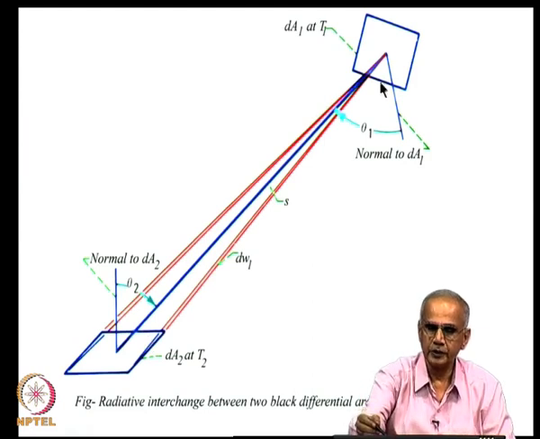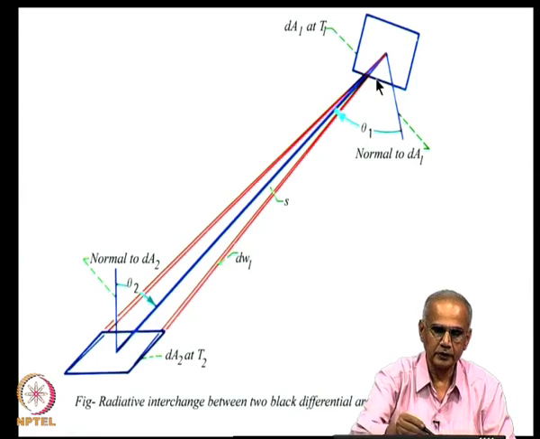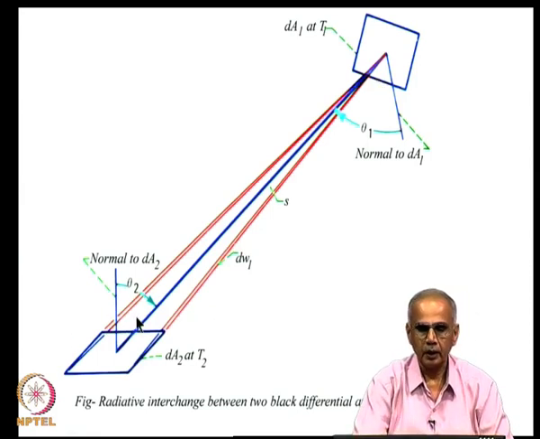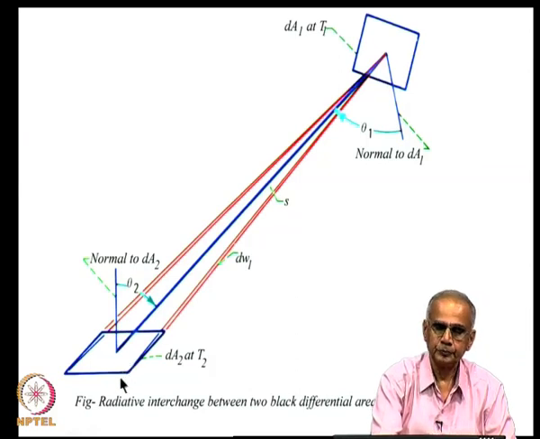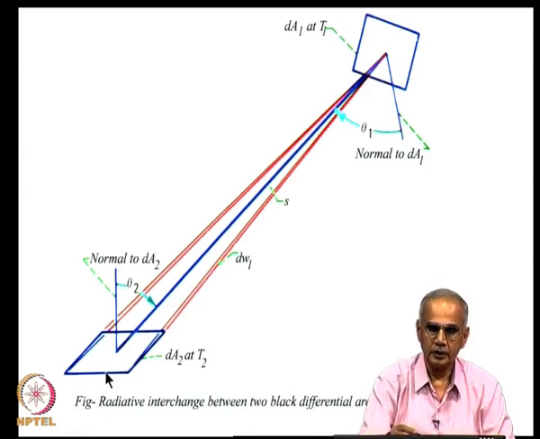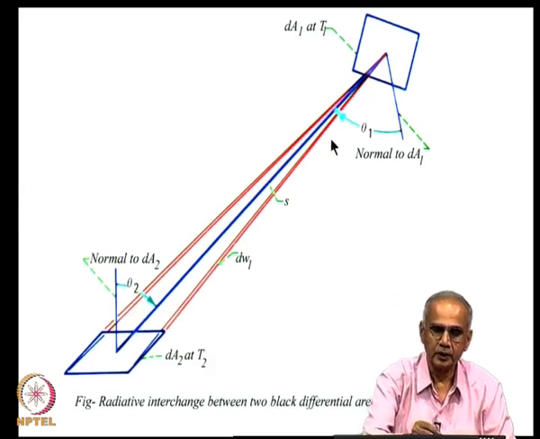So, radiation is leaving the surface and a certain fraction is intercepted by surface dA2, and what fraction of the radiation leaving surface 1 is intercepted by surface 2 depends upon the orientation of surface 2 with respect to surface 1, the distance between the two surfaces. So, it depends on the distance S, that is the distance between the center of the surface 1 and surface 2, and also the angles theta 2 and theta 1.